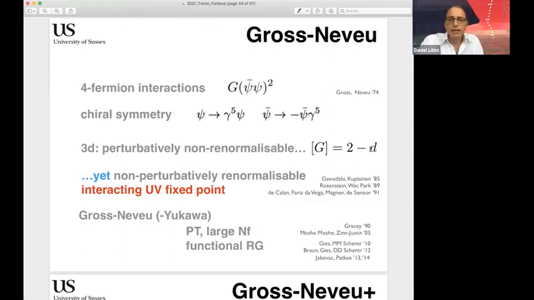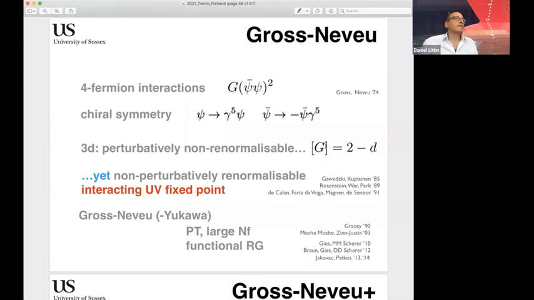Yet, Gawedzki, Kupiainen, and many others have subsequently rigorously established that these quantum field theories are totally well-defined 3-dimensional quantum field theories, which are non-perturbatively renormalizable. And the token which is doing the job is the existence of an interacting ultraviolet fixed point.